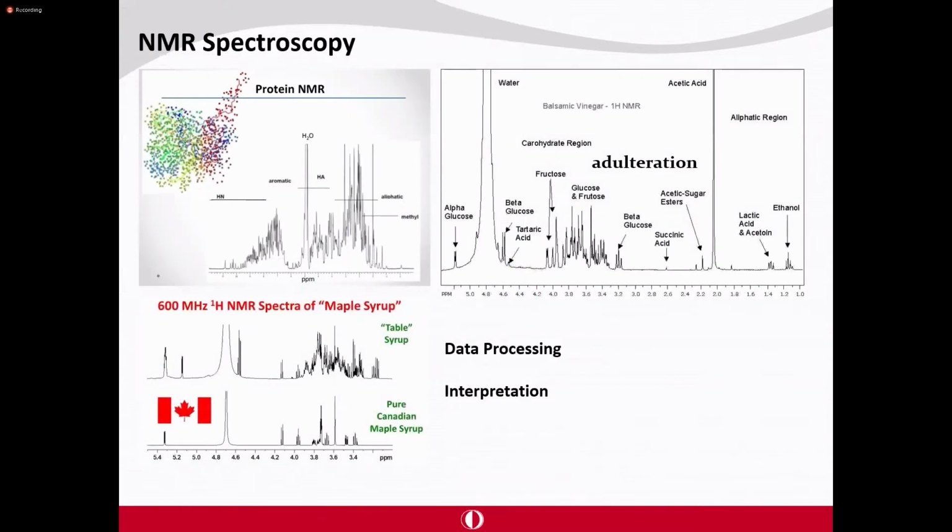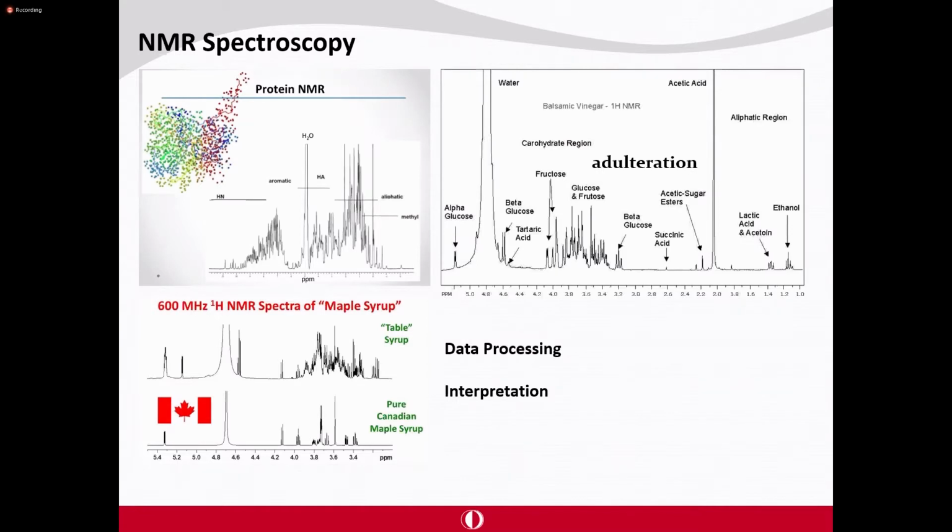So in NMR spectroscopy, we can obtain such a detailed classification or characterization. And as the molecules become larger, the spectrum will become more crowded. Over there, you see a protein NMR spectrum, and you see how crowded that spectrum is.